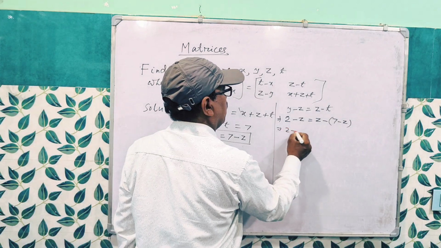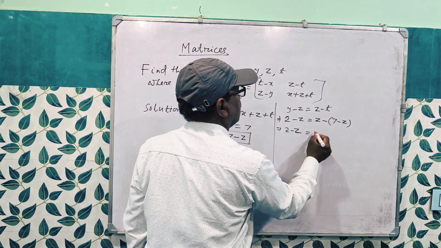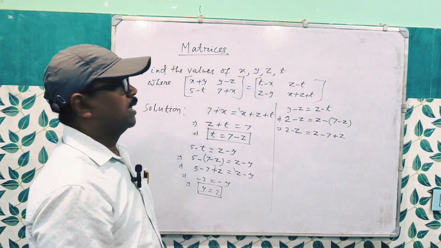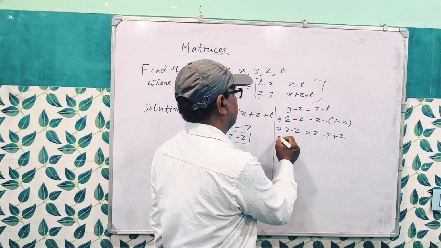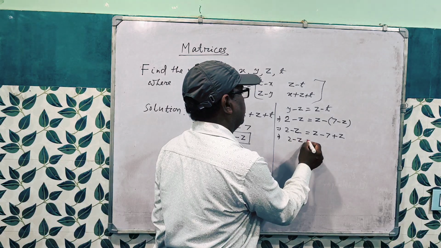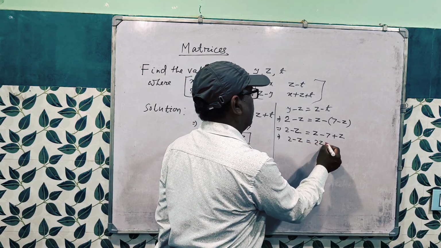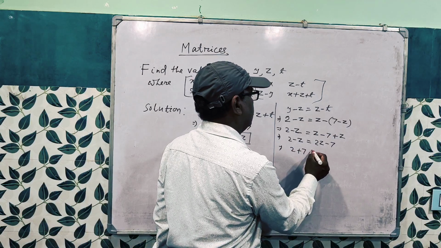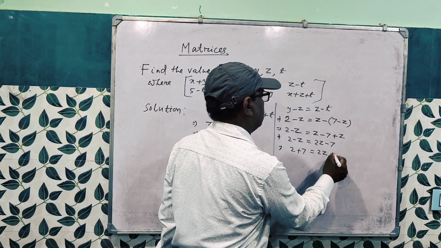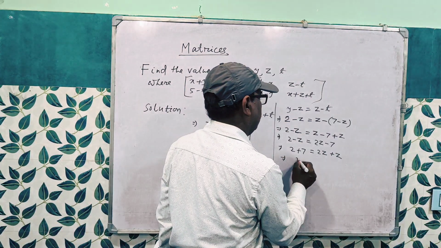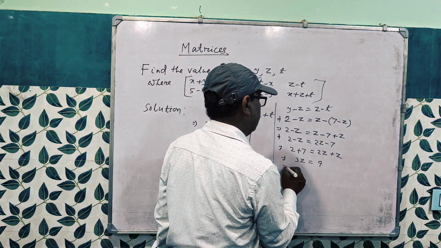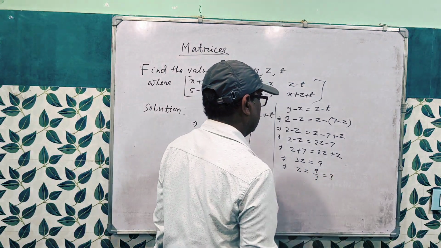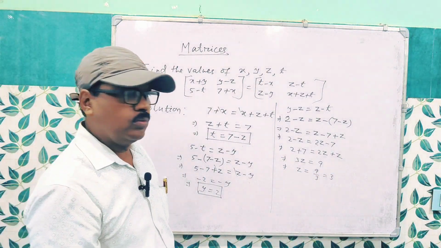This implies 2 minus z is equal to z minus 7 plus z. And we have 2 minus z is equal to 2z minus 7, and 2 plus 7 is equal to 2z plus z, and 3z is equal to 9 gives rise to z is equal to 9 by 3 is equal to 3. So we have z is equal to 3.